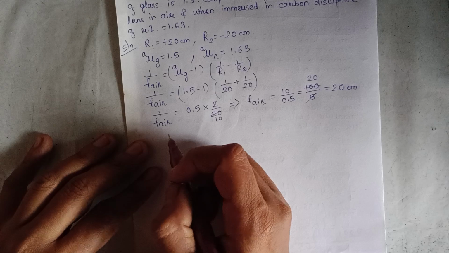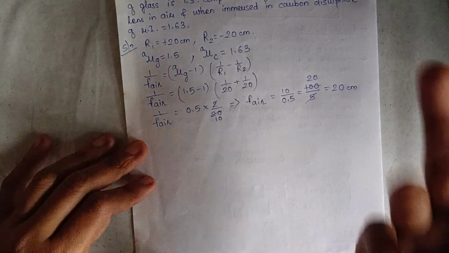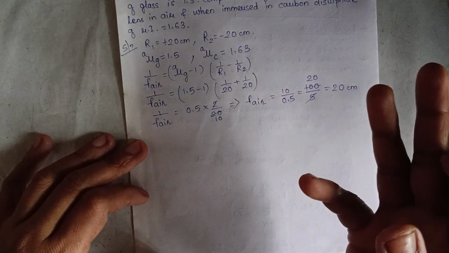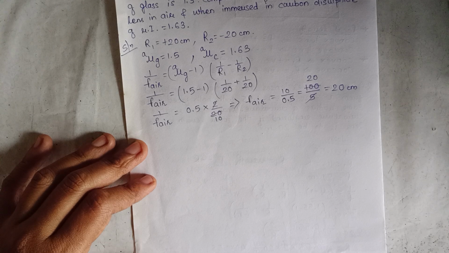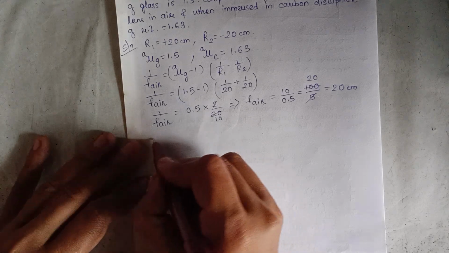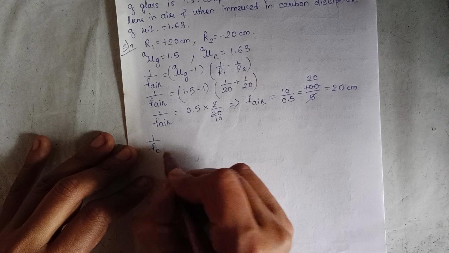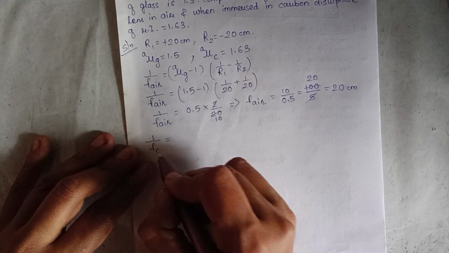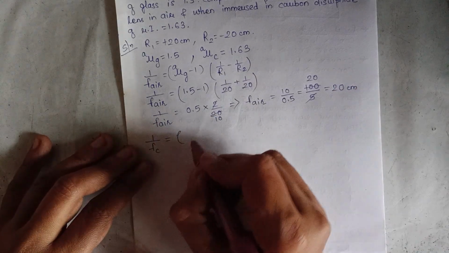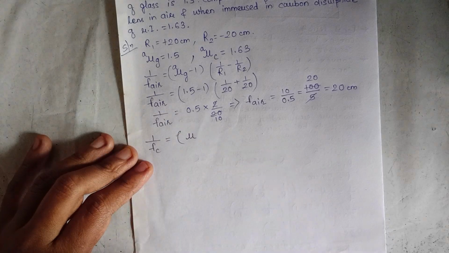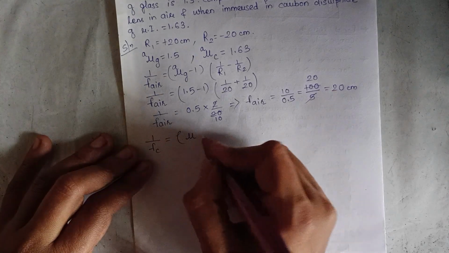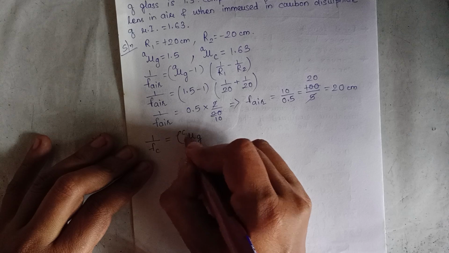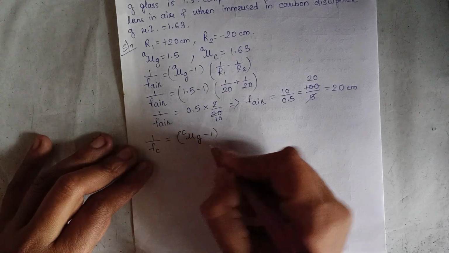Next, we have to find the focal length in carbon disulfide. So first, you have to compute 1 upon f of c, that is carbon disulfide. You have to take the refractive index of glass with respect to carbon disulfide.